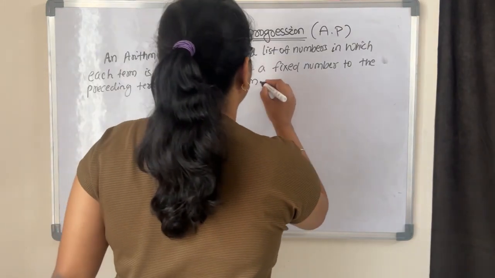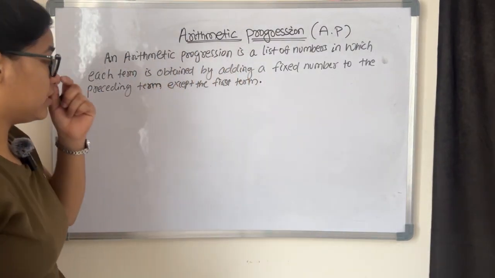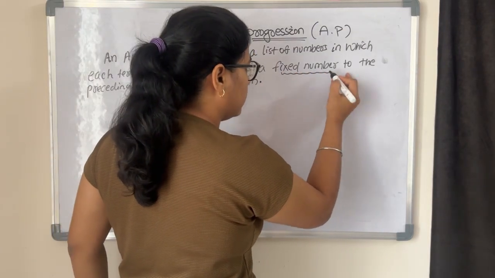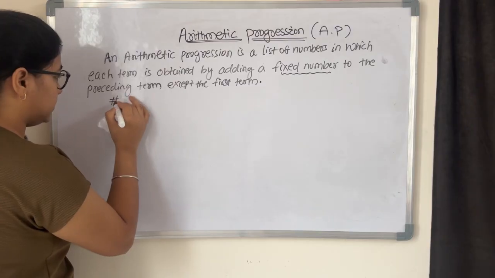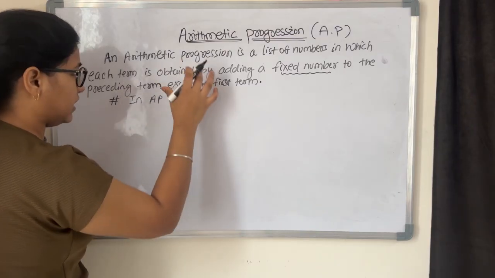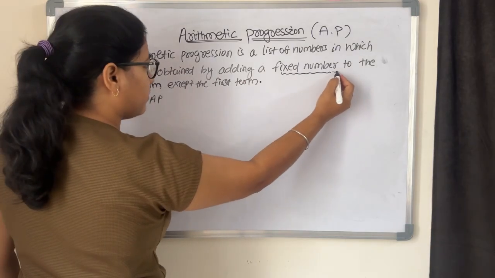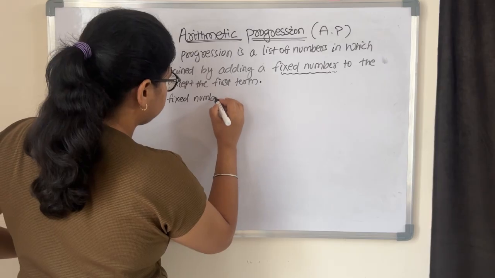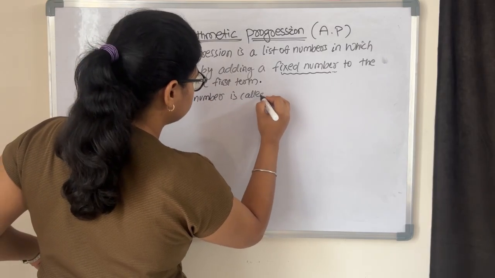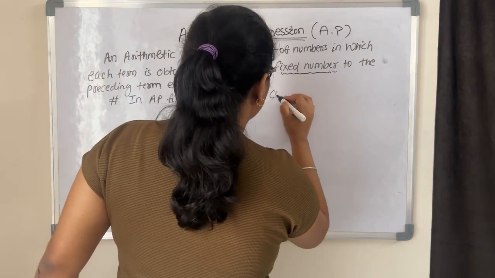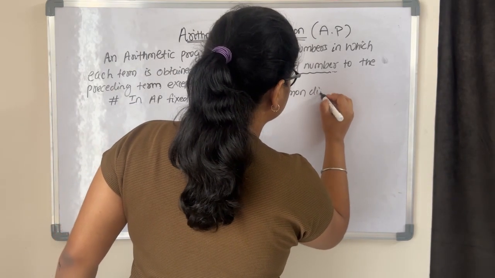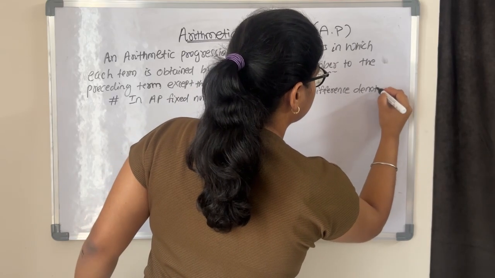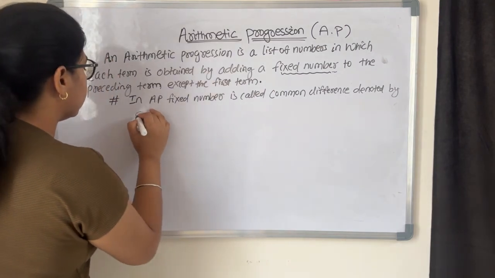Okay, so let me explain and describe all these things. And you know, in AP this fixed number is called the common difference. One more line, just add it. In AP, if a sequence is in AP, the fixed number is called the common difference, denoted by small d.